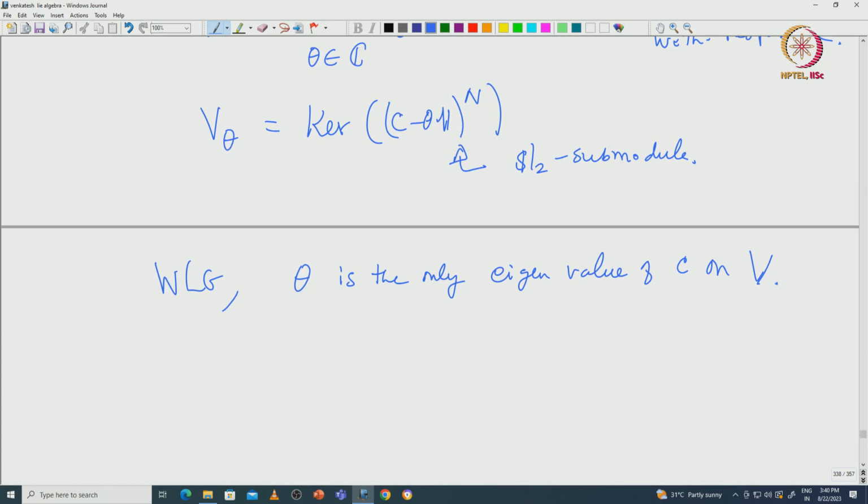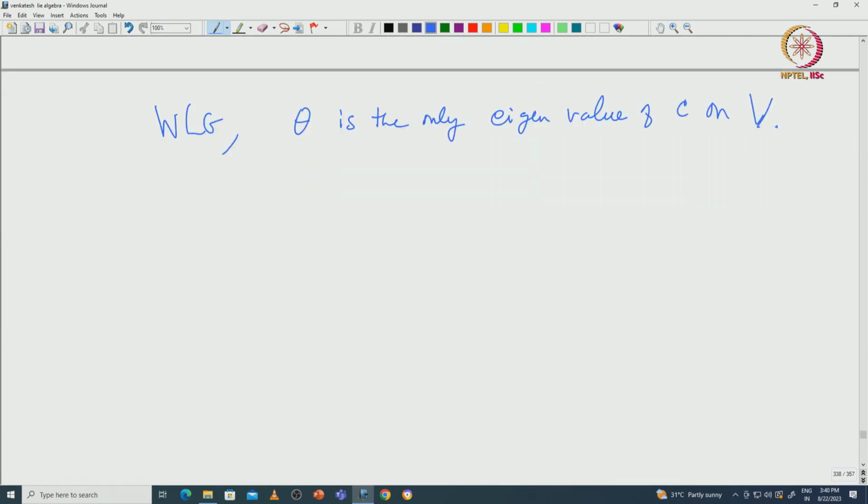For that, we first understand some of the things. We can collect all possible sub representations of this capital V. If you take a non-zero sub representation which has smallest dimension, then it is easy to see that sub representation must be irreducible, because it cannot contain anything proper inside.